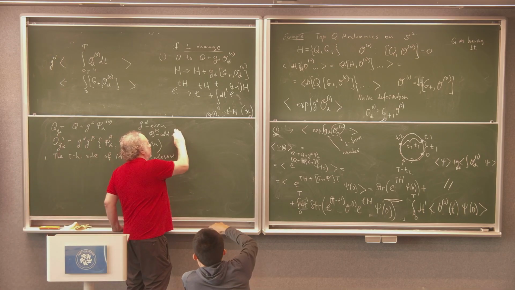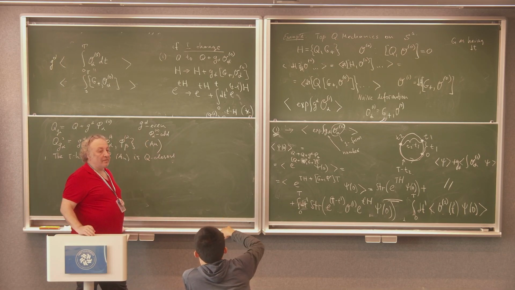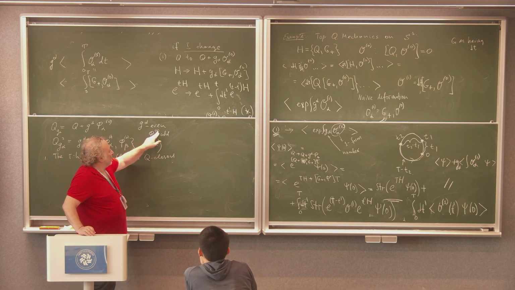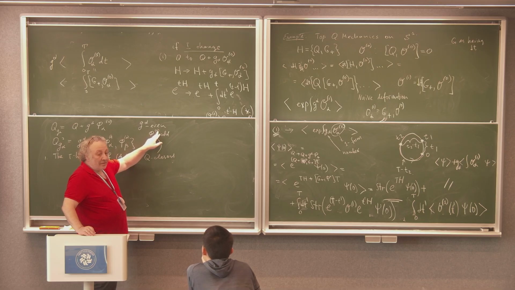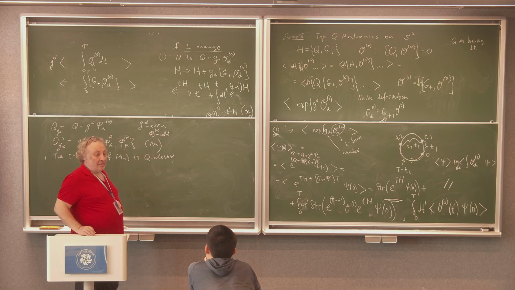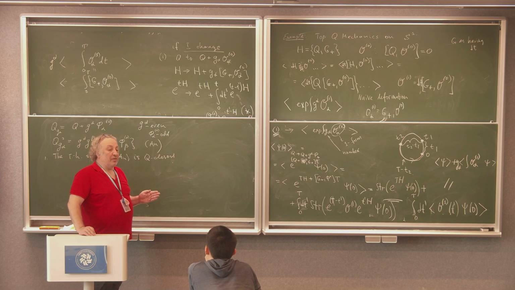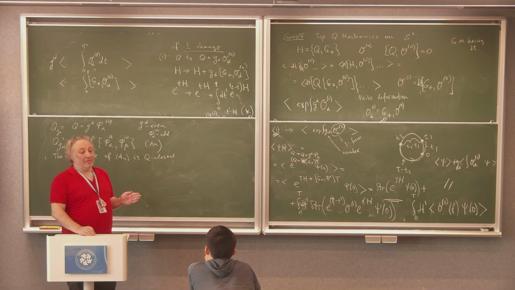I don't quite understand. You previously said 0 refers to 0 form. Yes, this 0 refers to 0 form. Then a 0 form we can understand to be even. You see, it is a 0 form as an element of the space of forms on a circle. But it is also an operator.